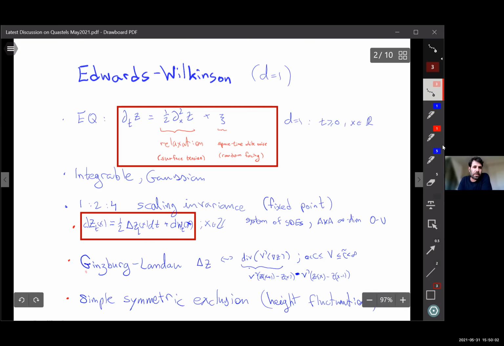More generally, you can consider Ginzburg-Landau models, where instead of the Laplacian, you take the divergence of a derivative acting on a gradient of a convex function. If this function is x squared, then we are exactly in this case, and otherwise it's more general. And you can take the simple symmetric exclusion. The height fluctuations obey more or less this equation.